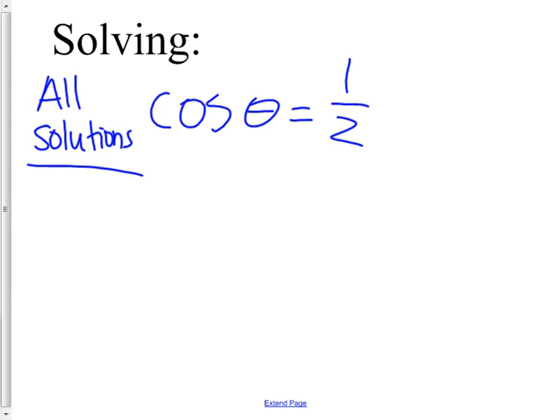What does that look like? About 10 more seconds, then we'll go over this.